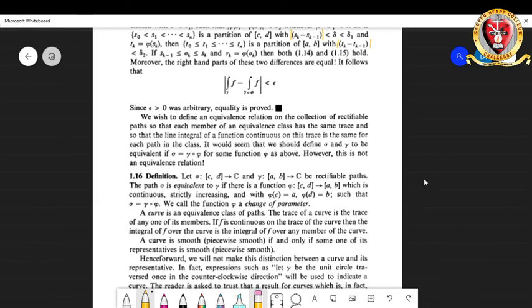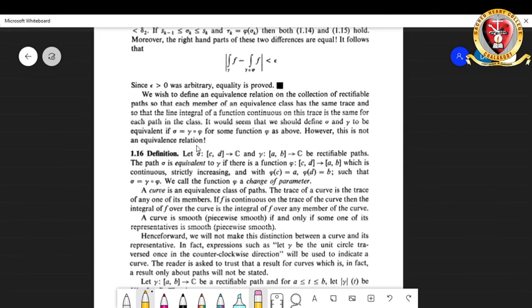Okay, and we have some definitions here which says that if sigma and gamma are two rectifiable paths, the path sigma is equivalent to gamma if there exists a function phi from closed interval CD to closed interval AB, which is continuous and strictly increasing, such that phi of C is equal to A and phi of D is equal to B, such that sigma is equal to gamma composition phi.